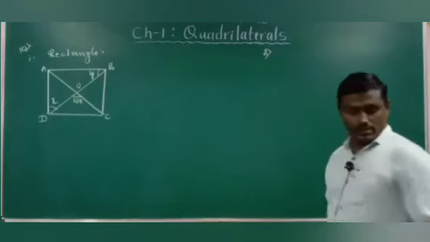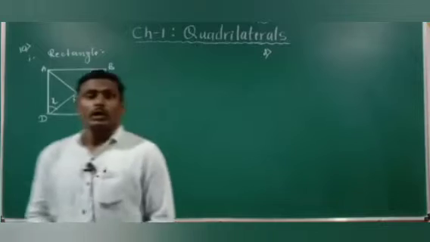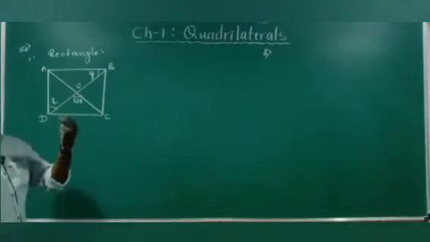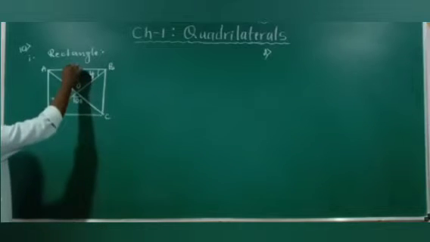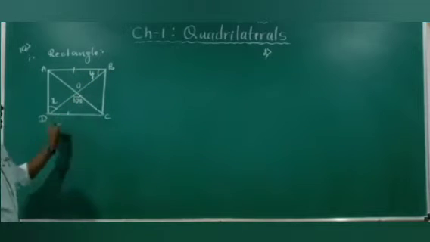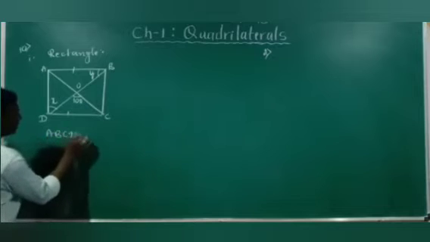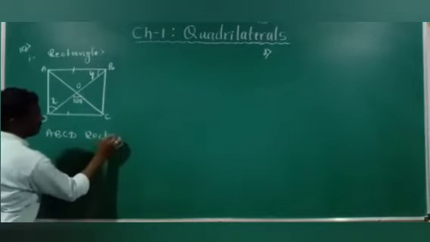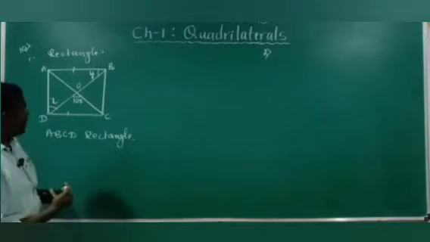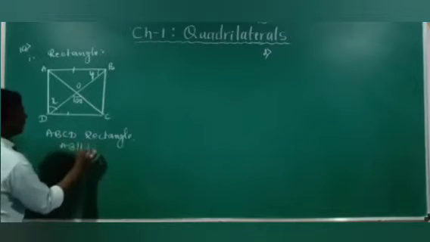Next, second question. So first we will solve the first question. Here if it is a rectangle, the opposite sides are exactly equal and parallel. Therefore AB is parallel to DC. ABCD is a rectangle, and a rectangle is also a parallelogram, so AB is parallel to DC.